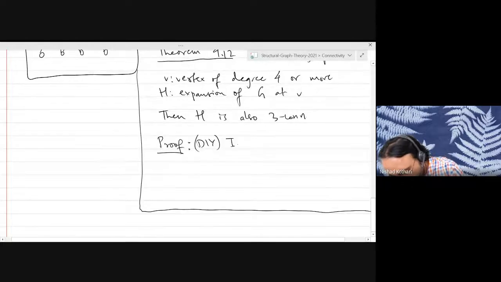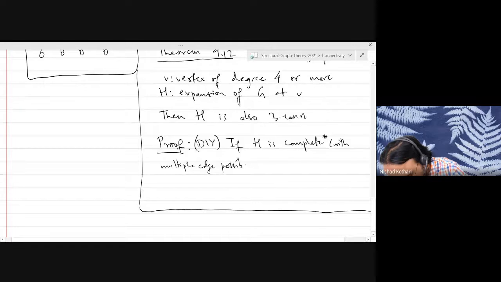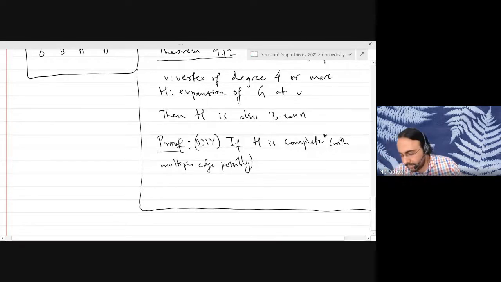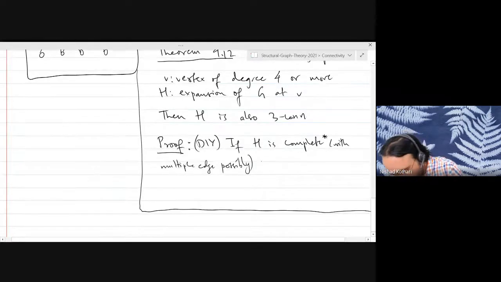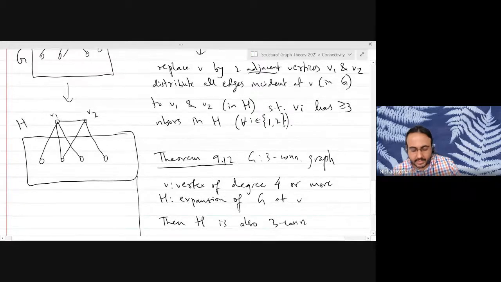First, notice that if H is a complete graph, possibly with multiple edges, then you're done. Because the original graph is 3 connected, you're going to get a bigger complete graph.